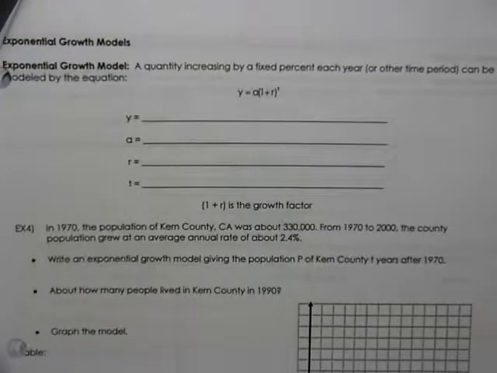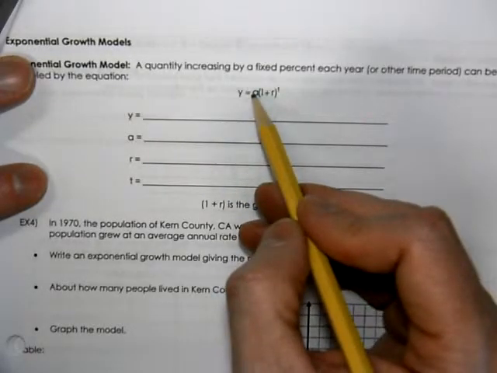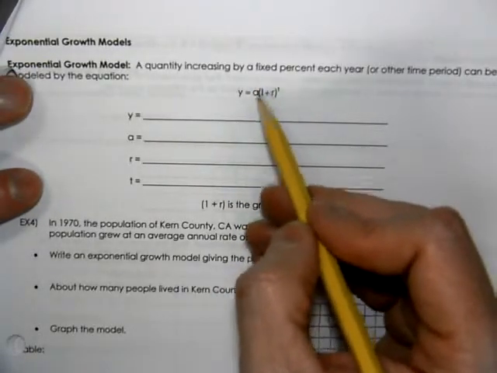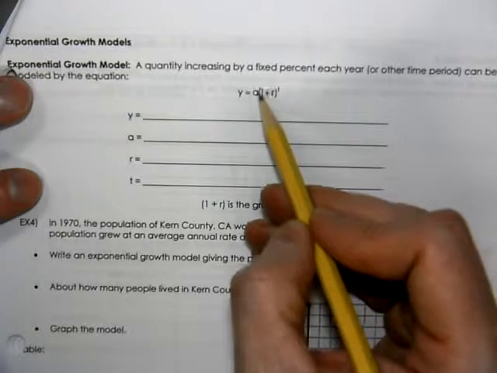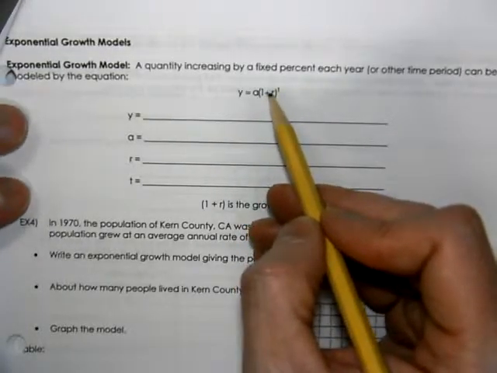Okay, on the next page, we're looking at exponential growth models. We have this equation, y equals a times b to the t, where the b value is our growth factor, 1 plus r. So it's 100% plus your rate.